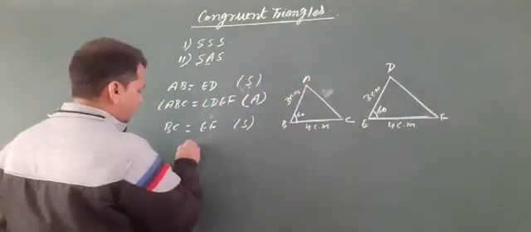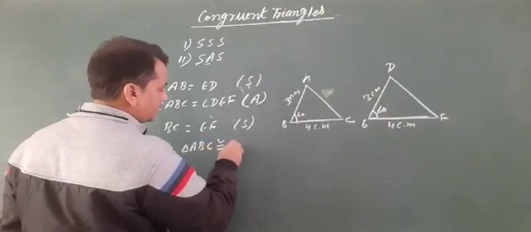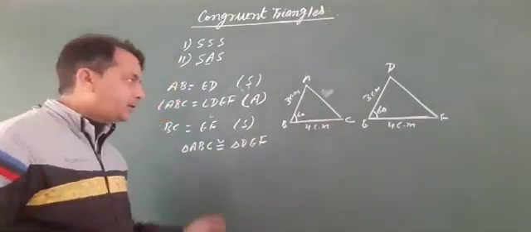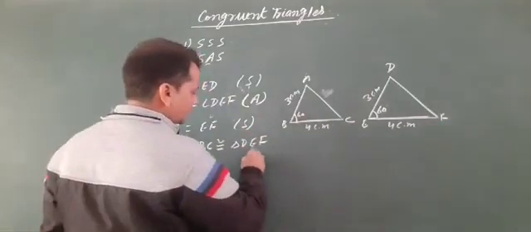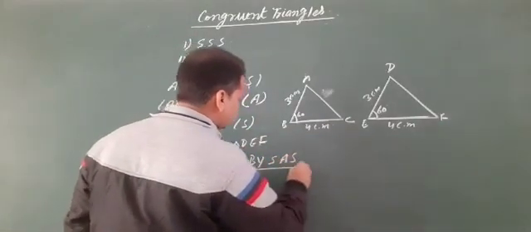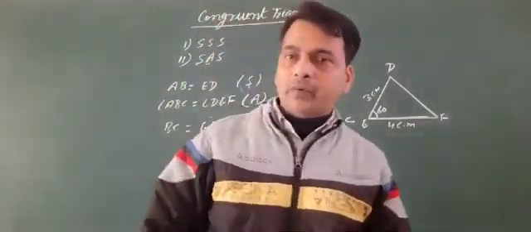So triangle ABC and DEF are congruent. Triangle ABC congruent triangle DEF by the congruency rule, side angle side. So here are the two triangles, they are congruent.